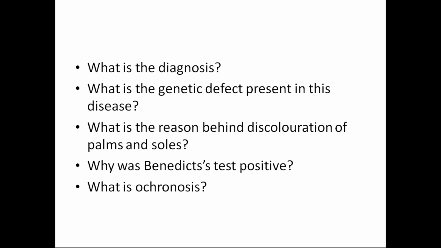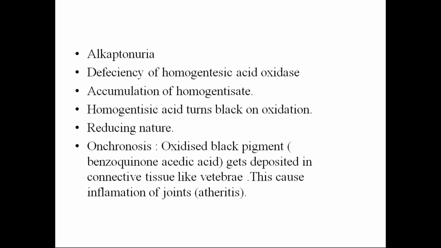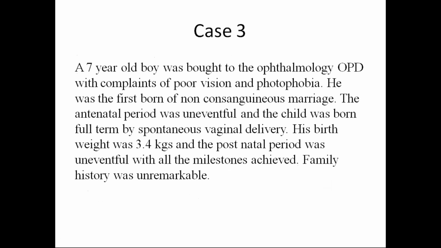So it's all about alkaptonuria. So now let's go to the third case. A 7-year-old was brought to the ophthalmologist OPD with a complaint of poor vision and photophobia. Okay. He was the firstborn of a non-consanguineous marriage.